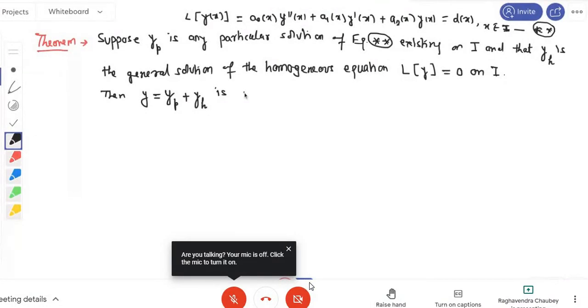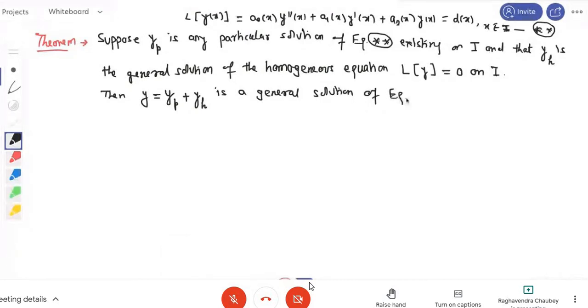This is the general solution of your given differential equation, which is marked as equation double star, on this given interval.